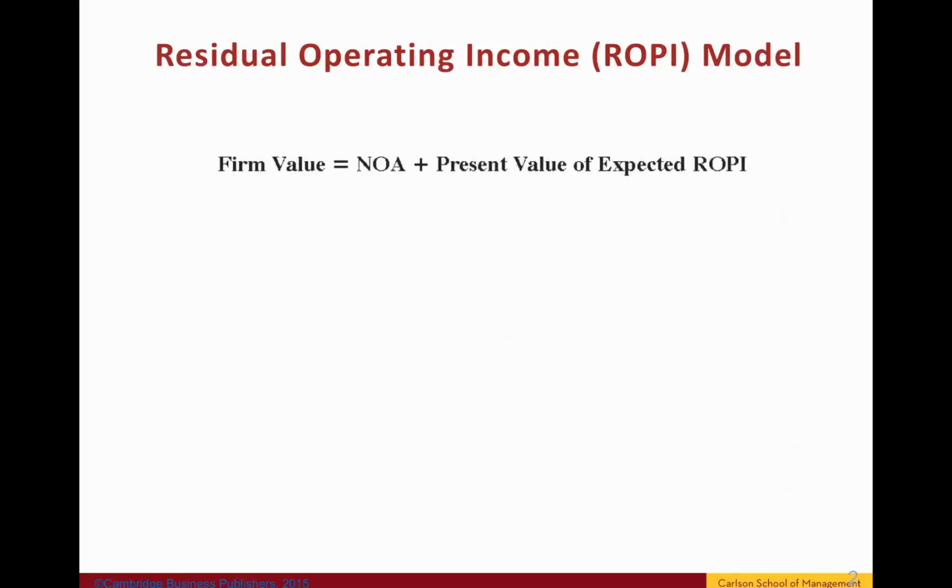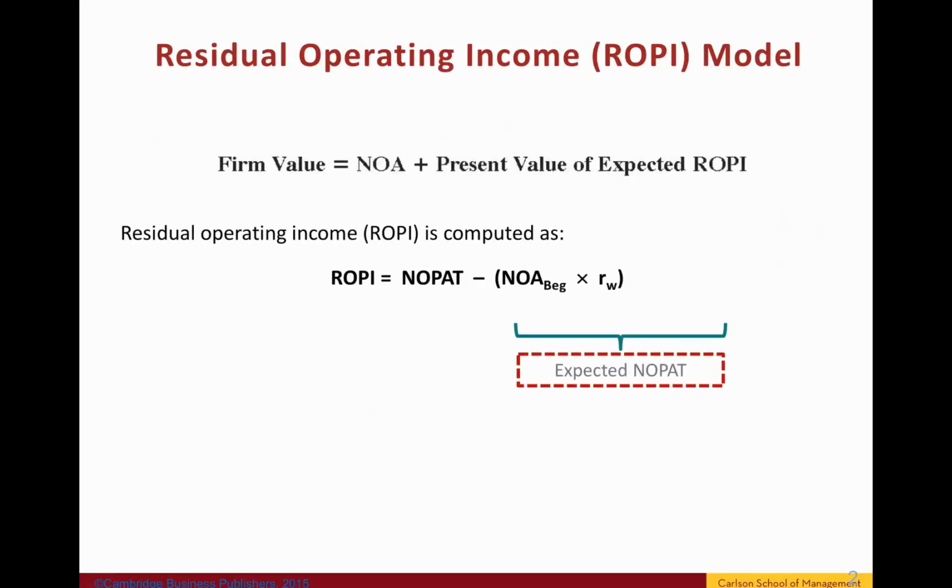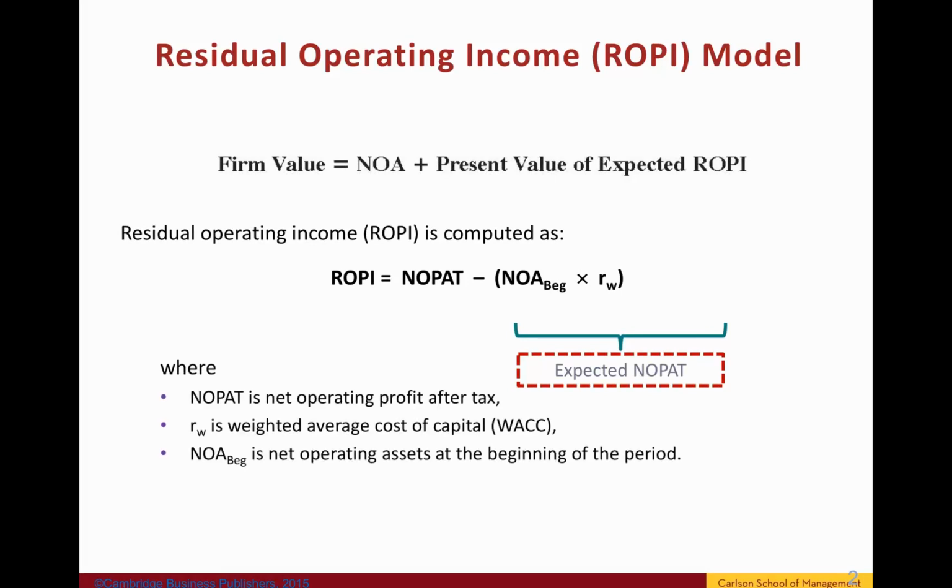If we look at the residual income method in detail, we're looking at the firm value of a company, which is calculated based on their net operating profits plus the present value of their residual operating profit.